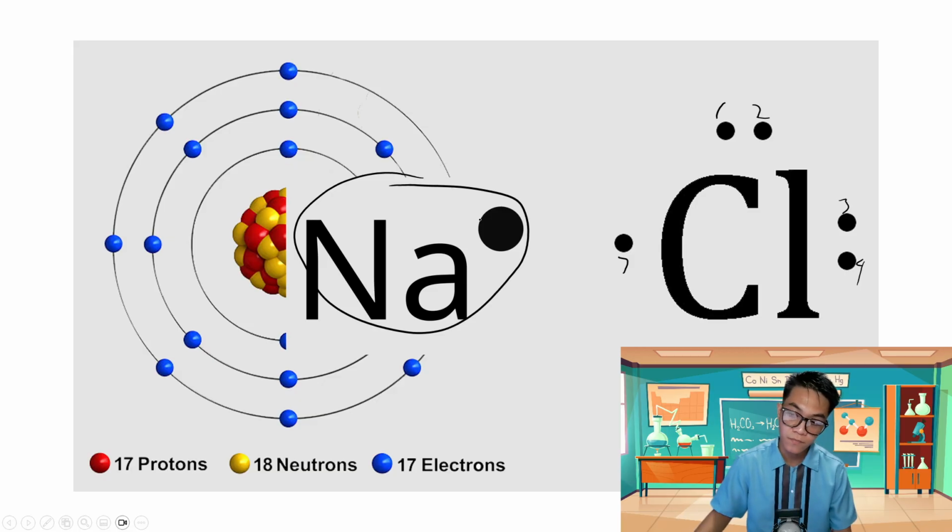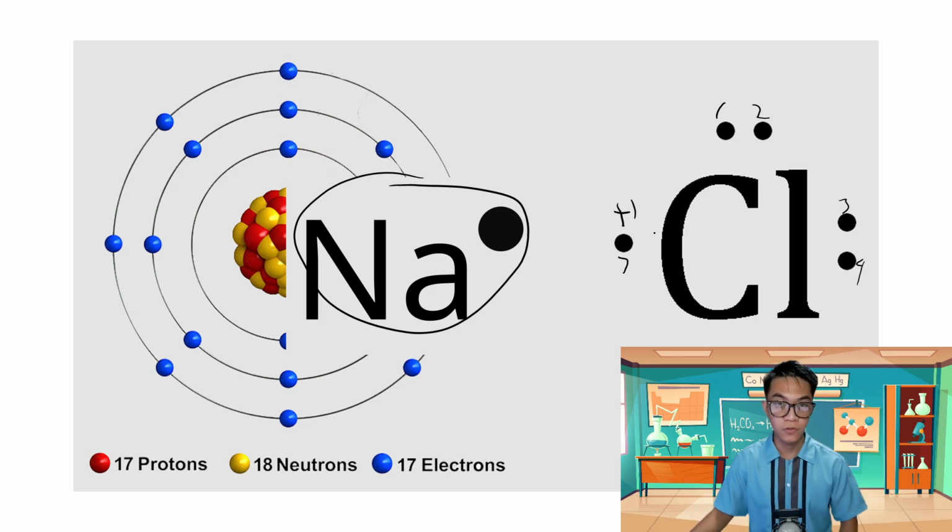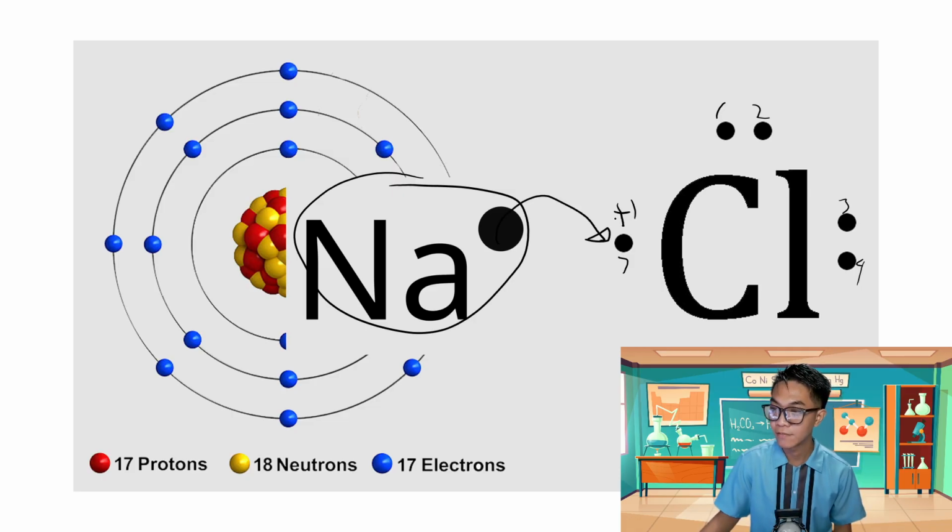So in this way, it's more like a concept of who needs it more. Since chlorine only now needs 1 more to complete the octet, then if ever we bond sodium and chlorine, instead of sharing, sodium will just give it away to chlorine. And chlorine will now be happy to complete the octet, 8 valence electrons.